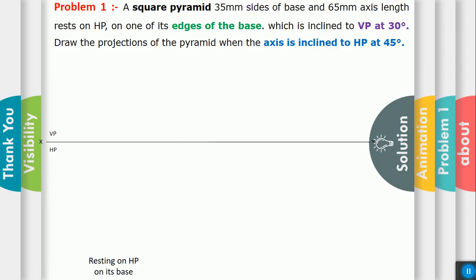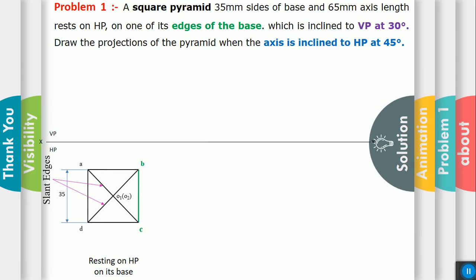In the top view, the square pyramid looks like a square lamina with a base edge having length 35 mm. Also, we can observe that in the top view, all the four slant edges of the square pyramid look like diagonals, that is diagonal AC and diagonal BD.